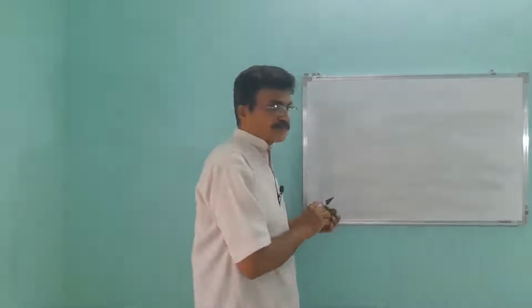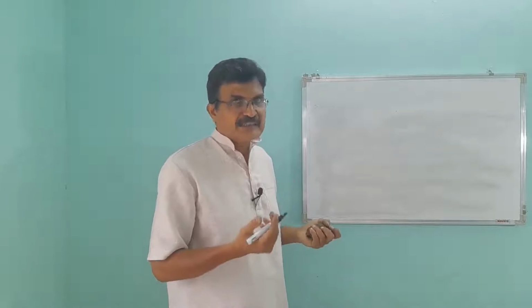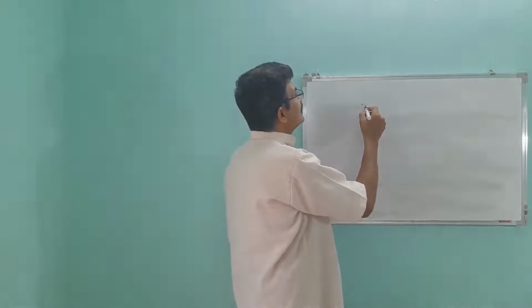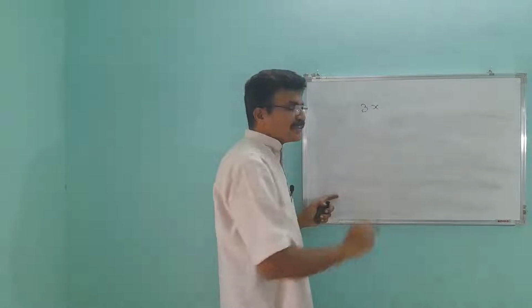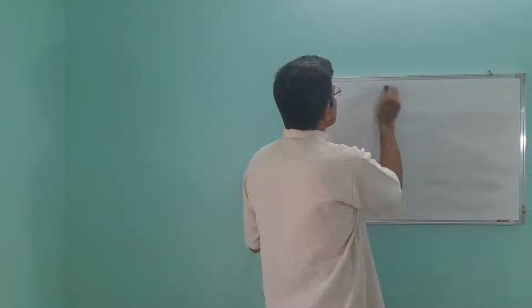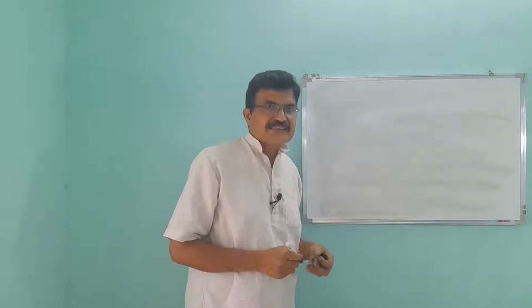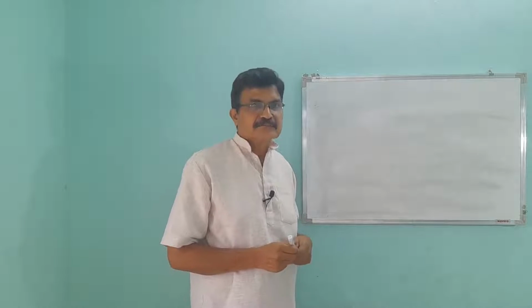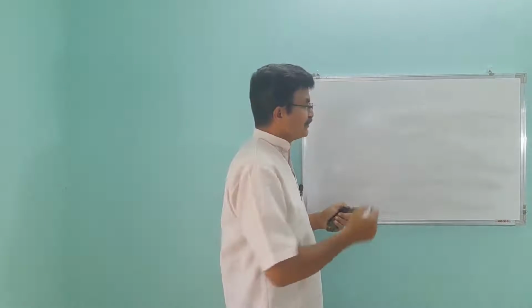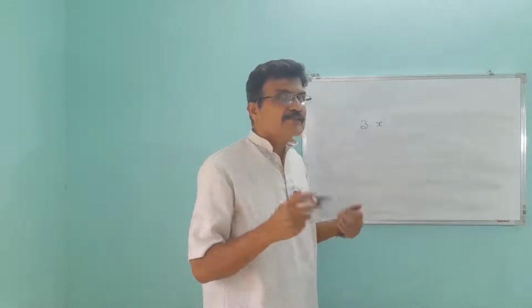Okay. When a constant is multiplied by a variable, like 3x, that constant is called the coefficient. When we write a term which consists of a coefficient, something like 3x, the meaning is 3 into x.